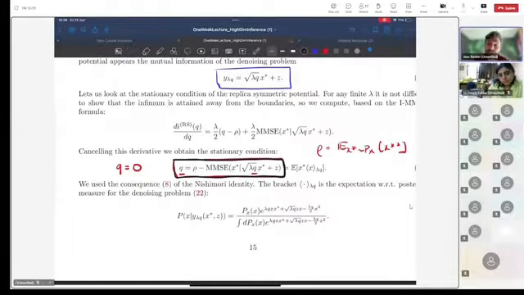These theorems tell you that at every time this algorithm will tell you what are the means of the messages.